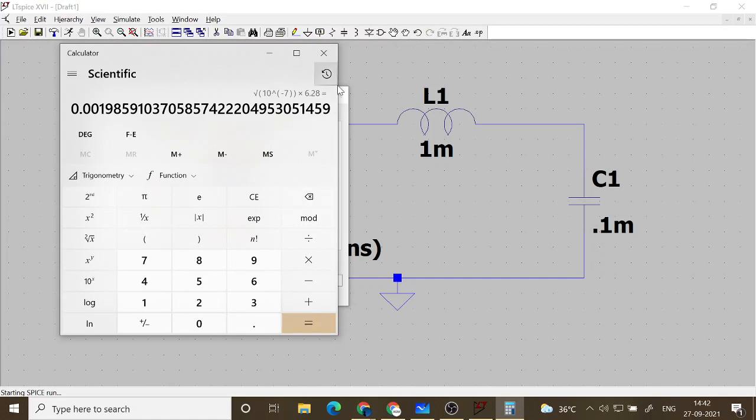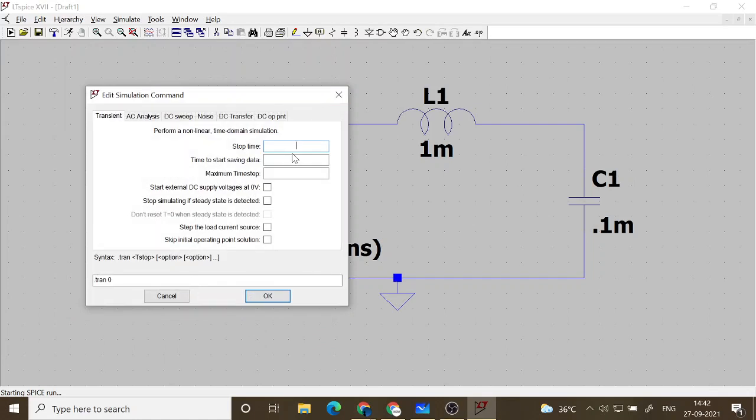So I should have an estimate of how much time the simulation should run. You find out the time period of oscillation at resonance, which we did earlier also. So we got it as 1.98 for these parameter values L1 and C1, which is around 1.98 millisecond. So I will have to run a few cycles, say 5 millisecond would be enough.